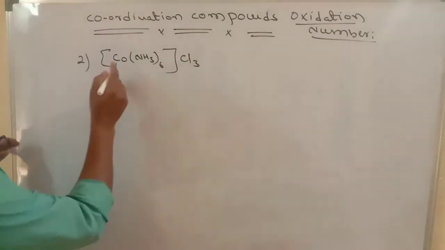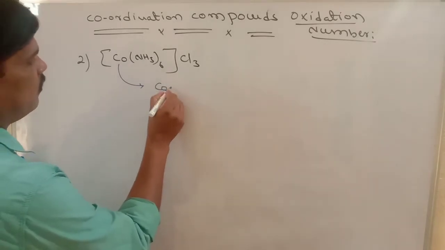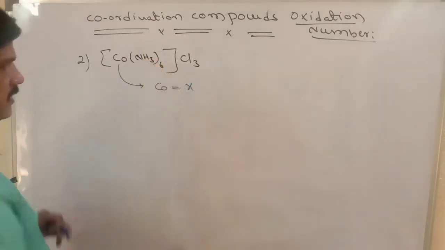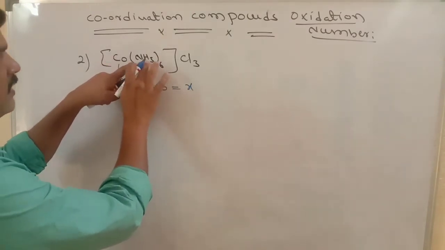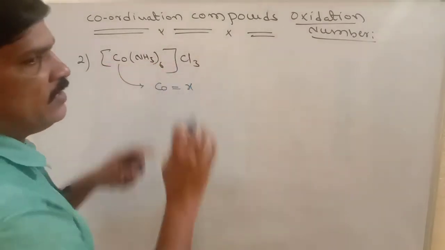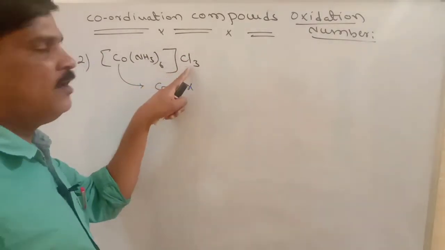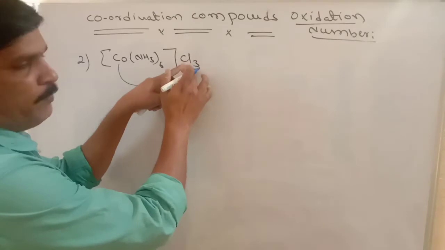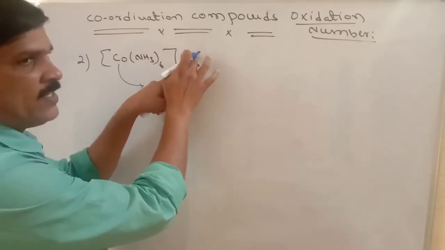Because we don't know the cobalt oxidation state, we have to calculate it, so consider it X. Now this is the central metal atom. These are the 6 ligands, the ammonia ligands, and chlorine is also a ligand. This is the complex entity, and this is outside the complex. If you dissociate these, here it acquires a positive charge and here a negative charge.